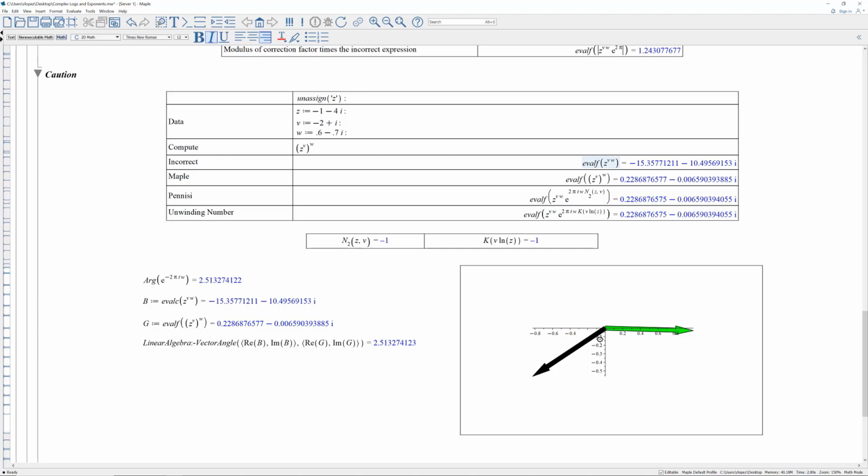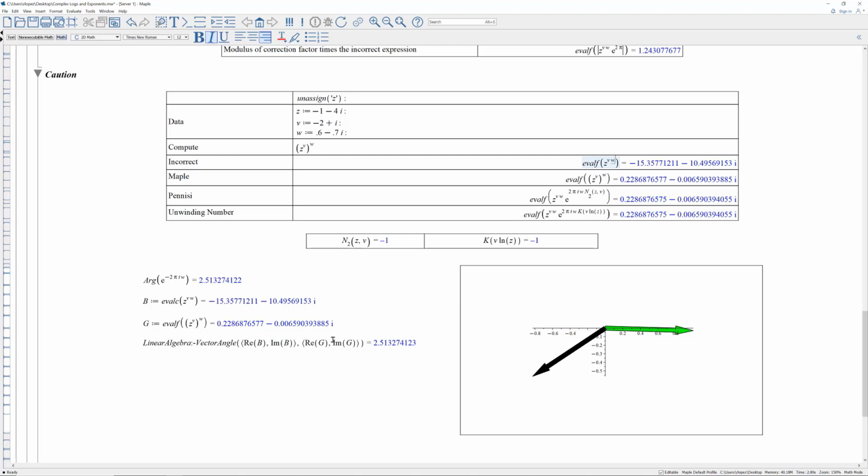The incorrect version is this black vector here, and I clearly scaled these vectors so they would fit on the page. The correct version is in green, that's this one. And the angle between them I calculate by saying, okay, make a vector from the black one, so the real part and the imaginary part are the components of that vector.